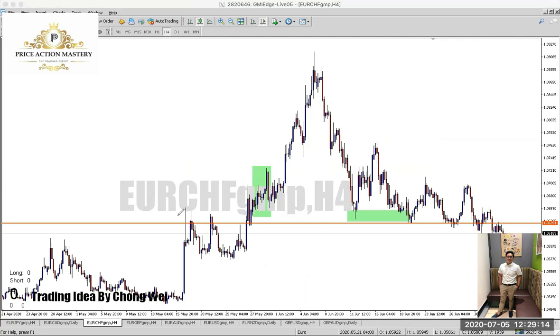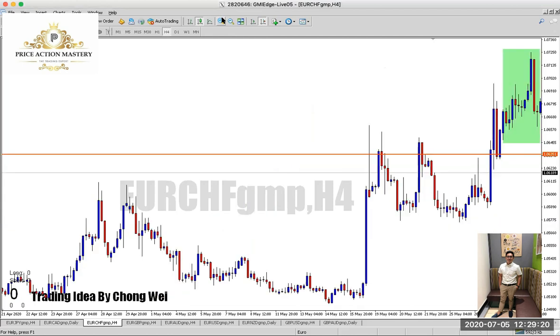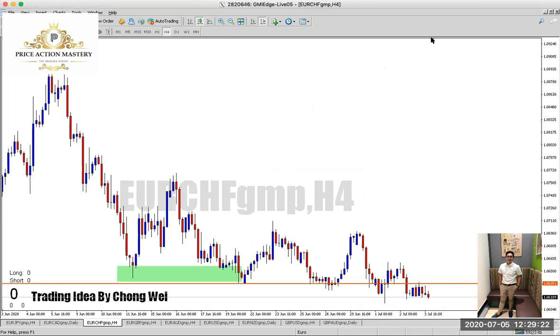It is pairing with CHF, which means CHF is in a strong situation because of COVID-19. There are a few strong safe haven currencies. The first is gold, the second is CHF, the Swiss franc, and the third is the Japanese yen. In this situation, we can see that the Swiss franc is in strength.